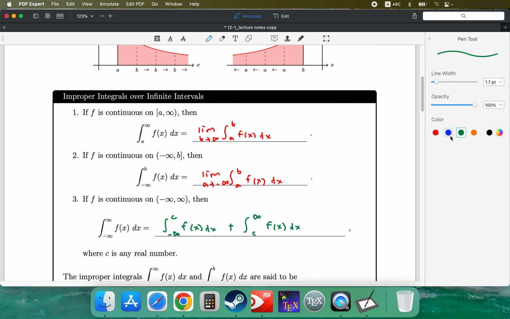Of course, for the first integral from negative infinity to c, we will need to use item 2. And for the second integral, from c to infinity, we will need to use item 1.